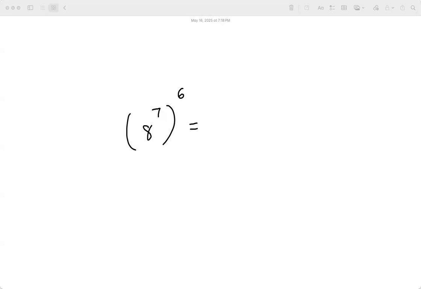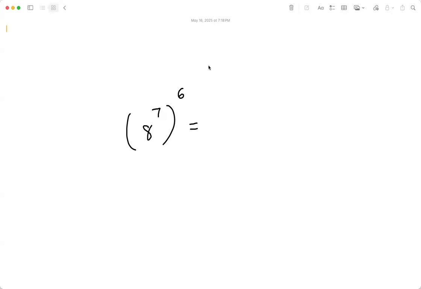Miss Priya, is there a fast trick to do exponents like 8 to the power of 7 really fast, or do you have to solve it, like 8 times 8 times 8 times 8 times 8 times 8?